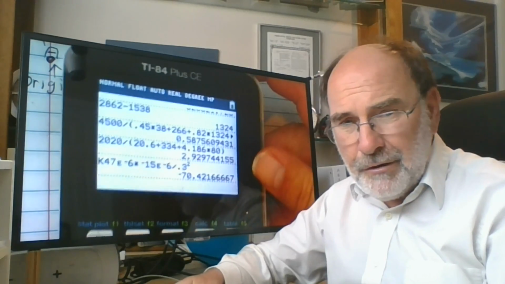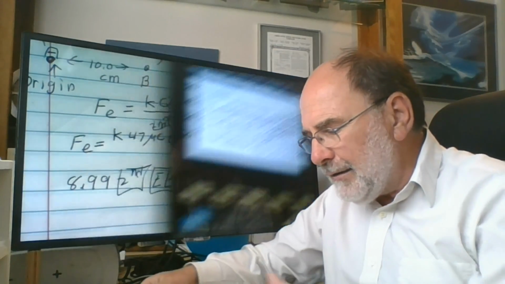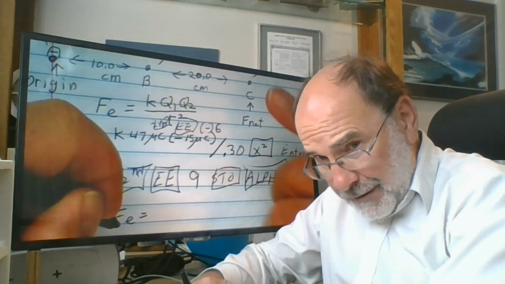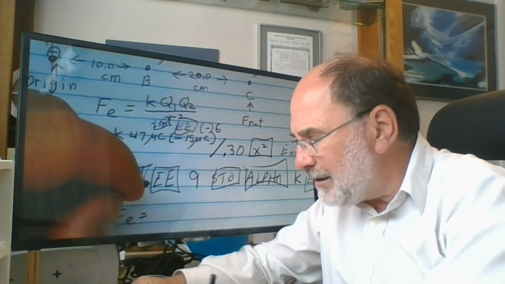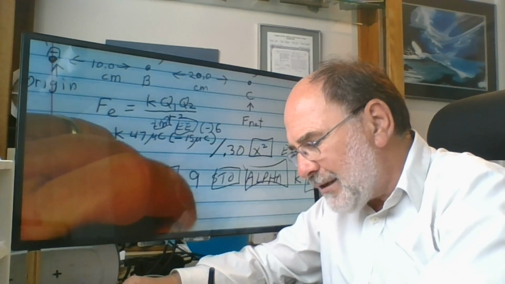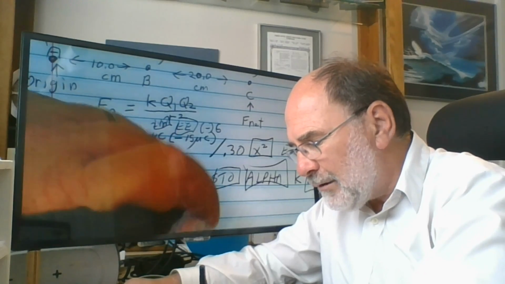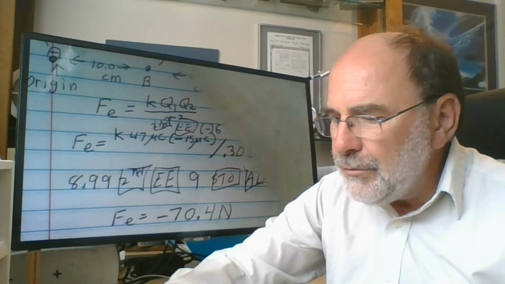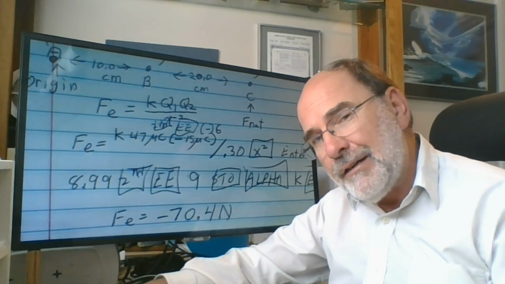And you can almost read that. So I get an answer that says the electric force caused by charge A acting on charge C is negative 70.4 newtons.